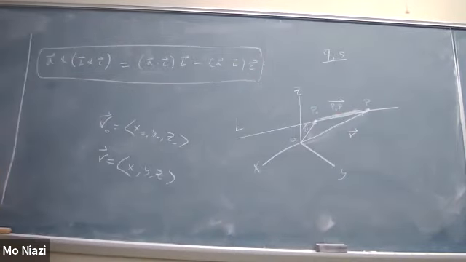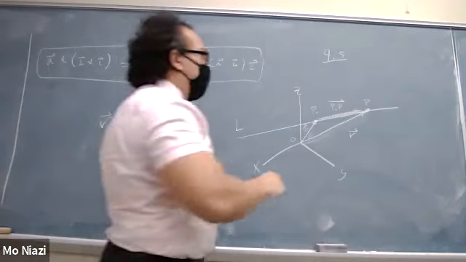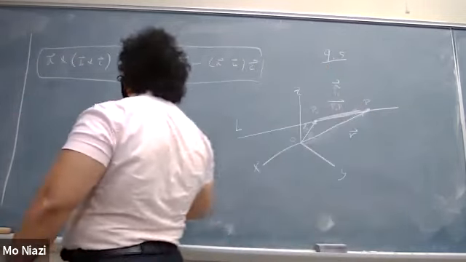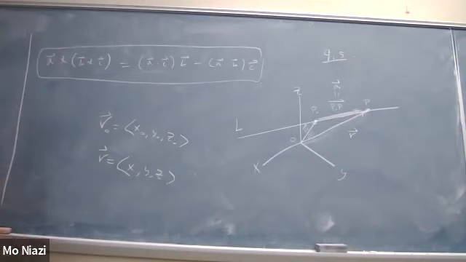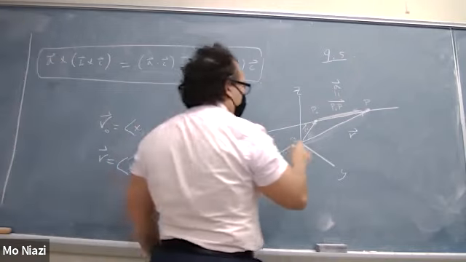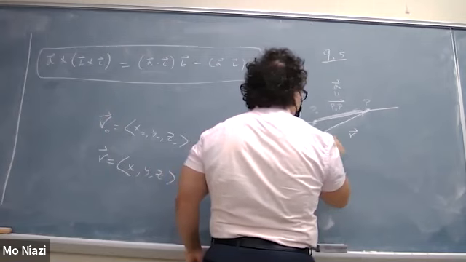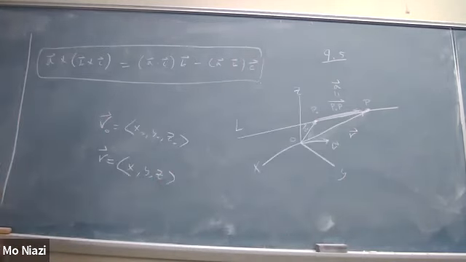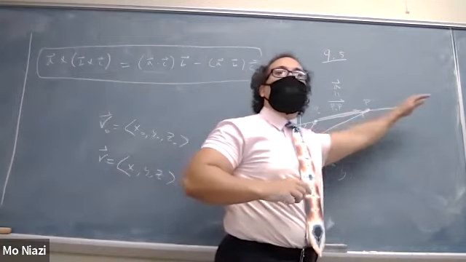Your book calls this displacement vector the vector A. But really, A is the displacement vector between P naught and P. Then we have to define one more quantity. We define this quantity V. This quantity V is a vector that is parallel to this line L.